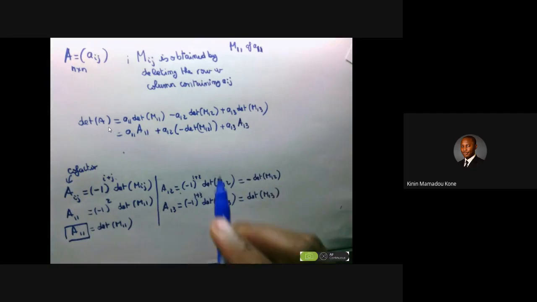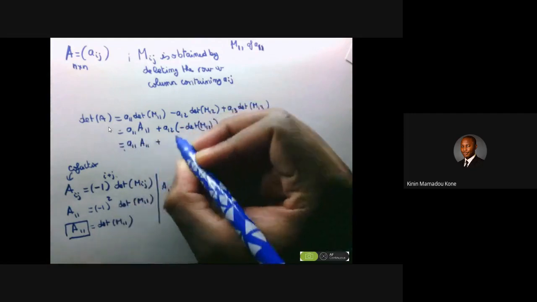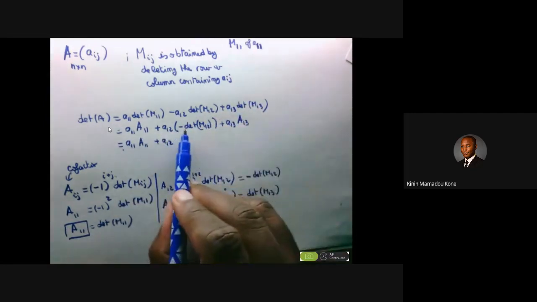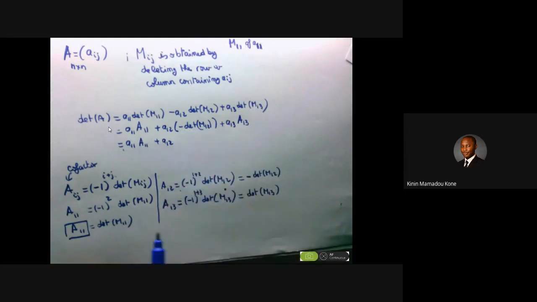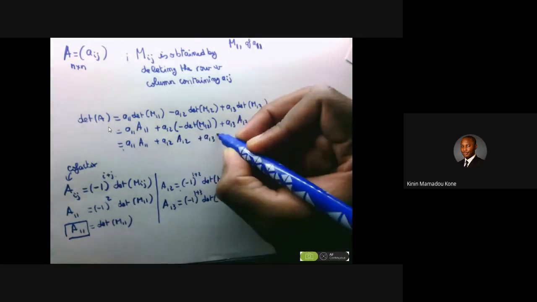Coming back to the last one over here: A11 plus A12, here the negative determinant of M12 is actually A12, plus A13, like this.